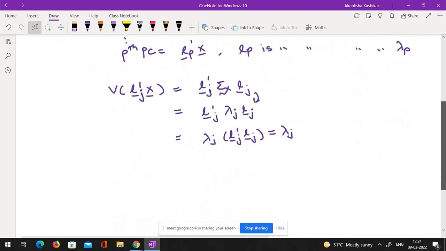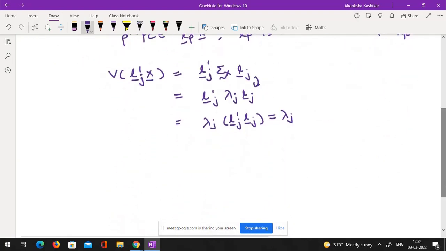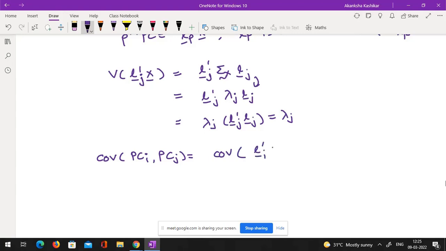Okay. And what about covariance? If I compute the covariance between say PCi and PCj, then this becomes the covariance of Li prime x and Lj prime x.